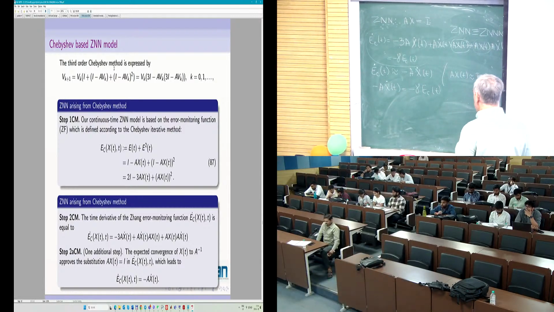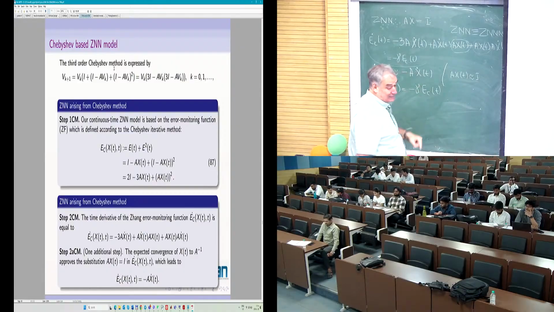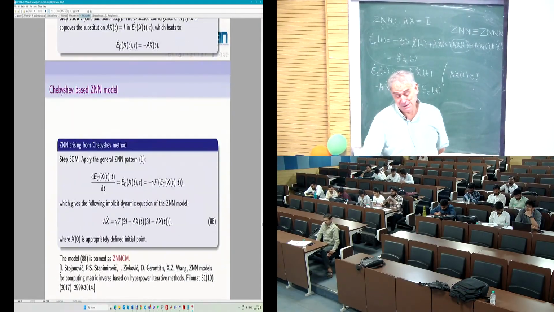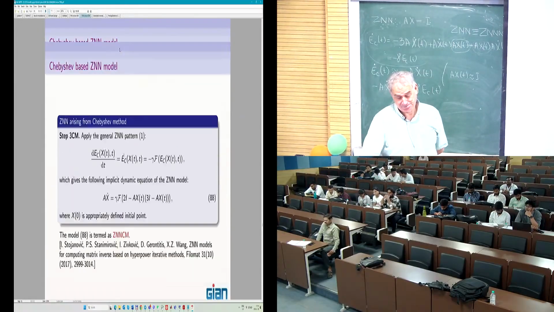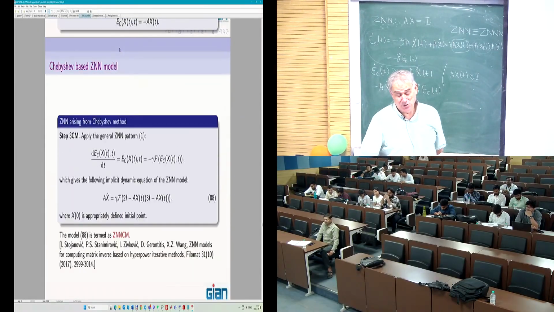And after that, we continued with this model, and another bad situation: we used wrong results and didn't obtain so good behavior of the ZNN CM model.